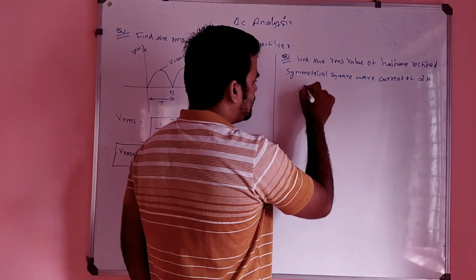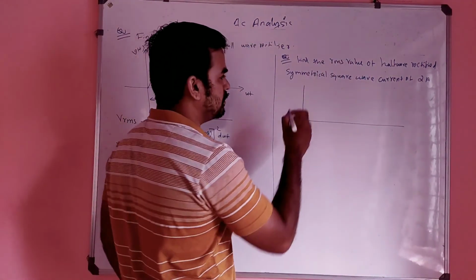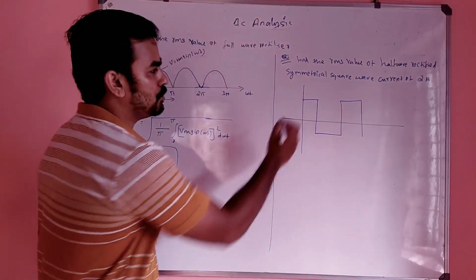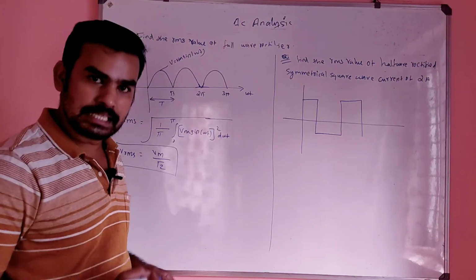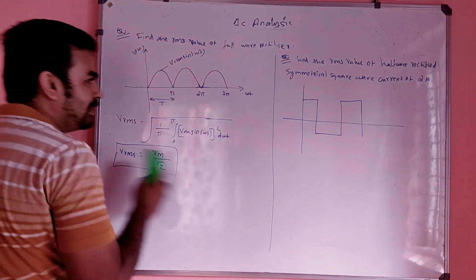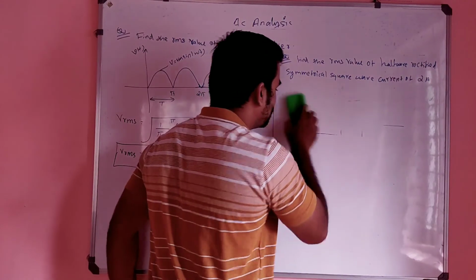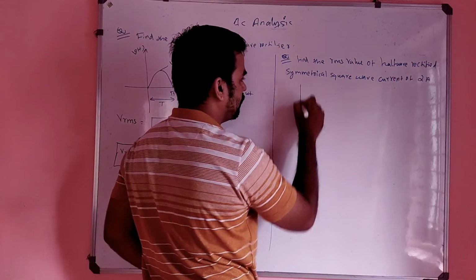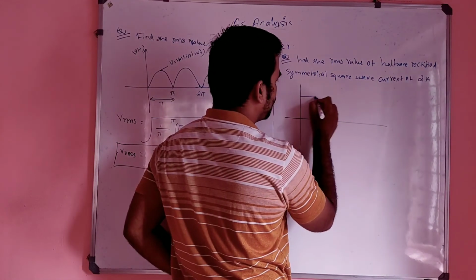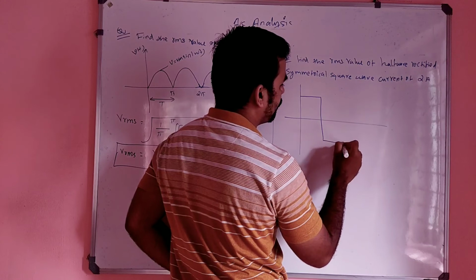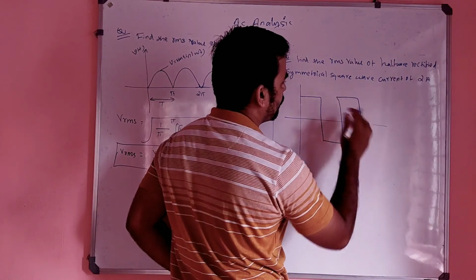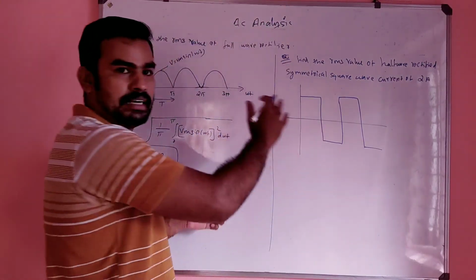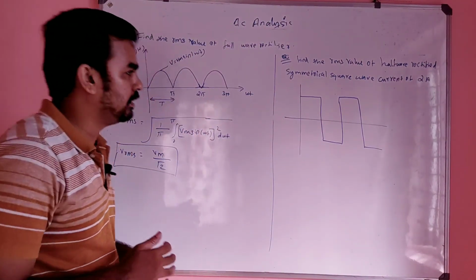So let's first find what the symmetrical square wave means. This is the symmetrical square wave: equal positive and negative, and symmetry will be there regarding positive and negative half cycles.